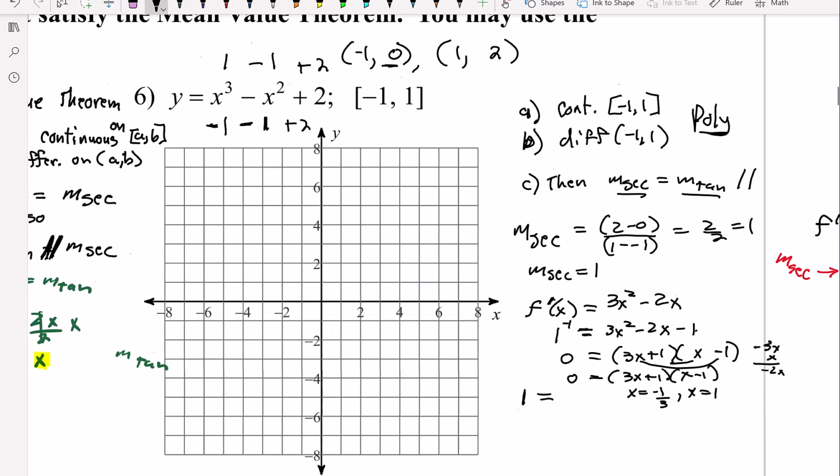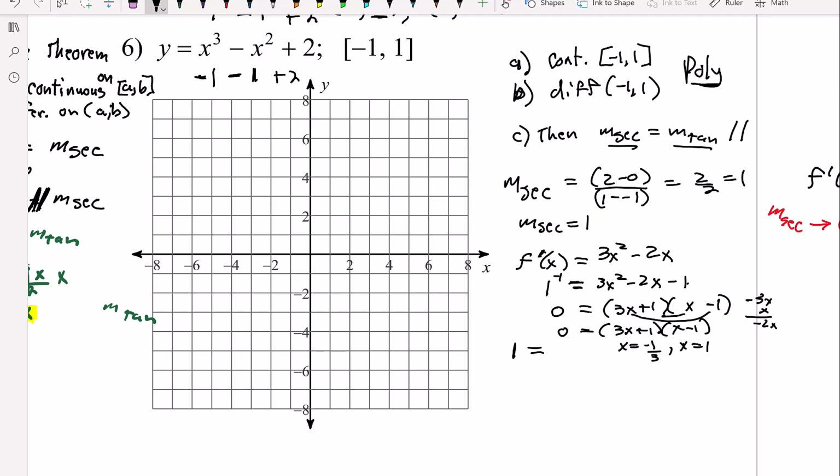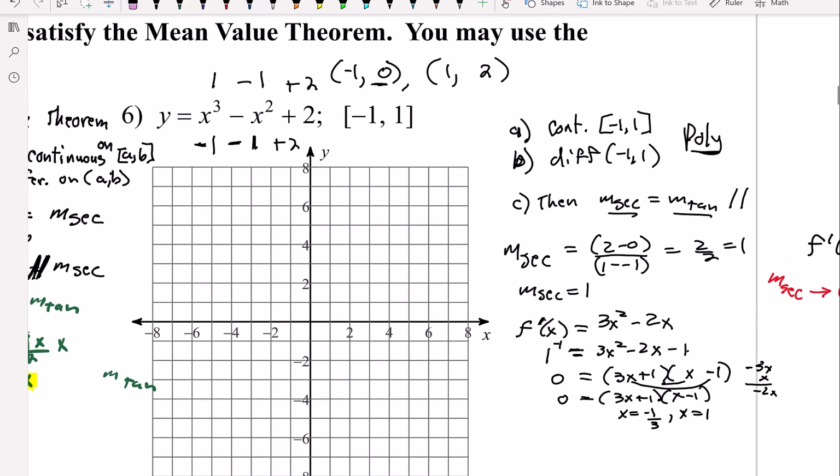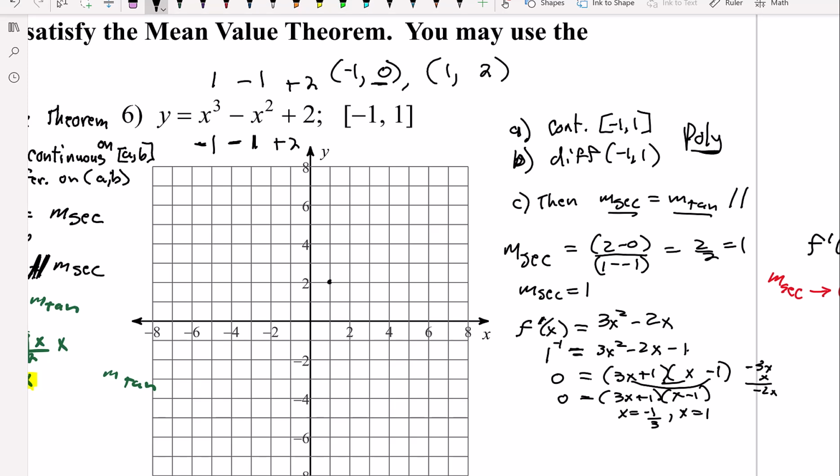So it looks like there could be two locations with our c value. So if we do the curve sketching, and we know this touches right there, it could look something like that.